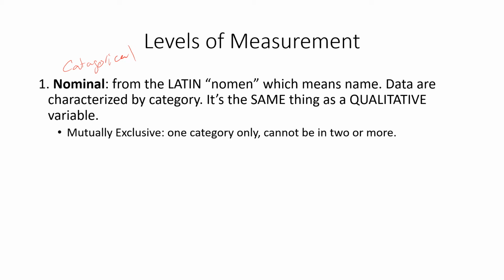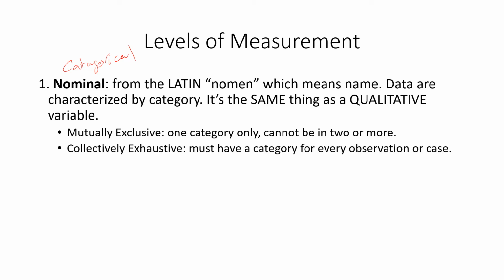Relating to that, you have collectively exhaustive, meaning you must have a category for every observation, and every observation only fits into one category. However, with nominal, there is no true zero. So a 0 is just like all the other numbers, 1, 2, 3, 4, whatever you're assigning. If you assign somebody a 0, it's arbitrary.